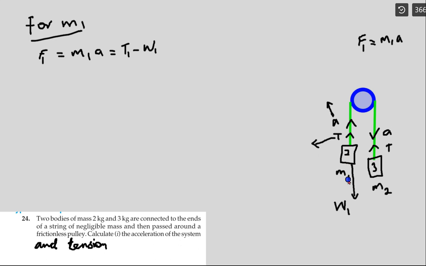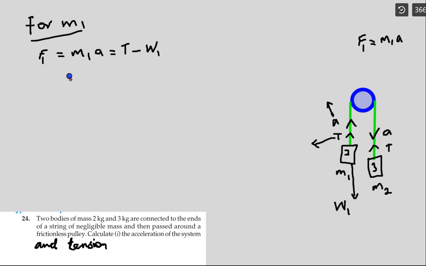I'll not write T1 but T, because the tensions are the same here, since this rope is made of the same material. Therefore we can write it as T only.